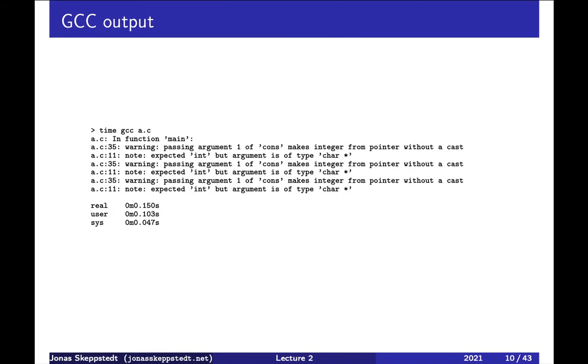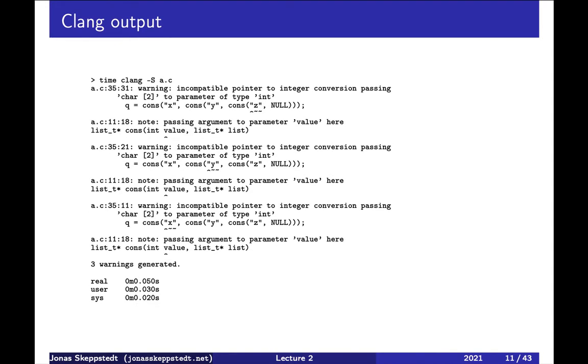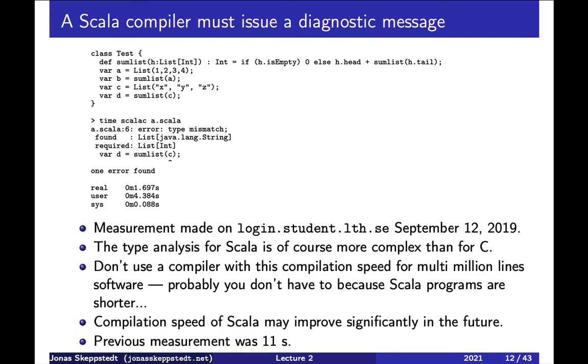GCC complains about this, that you cannot add an integer and a pointer to a character. Clang, the Google and Apple compiler, not only them, but mostly they who develop it, also complains. And Scala, it will say like this.